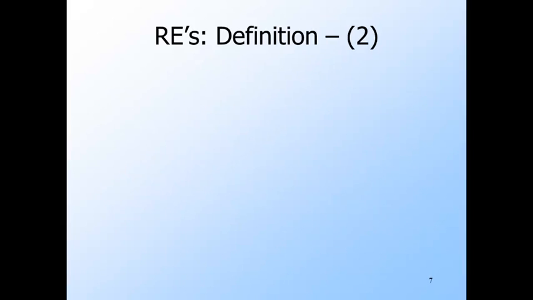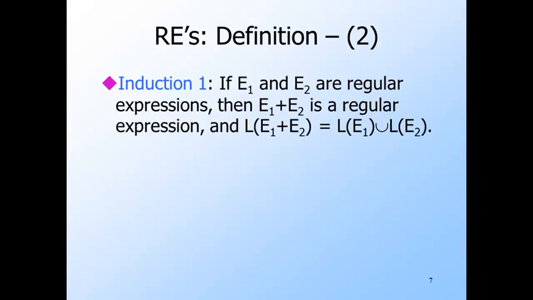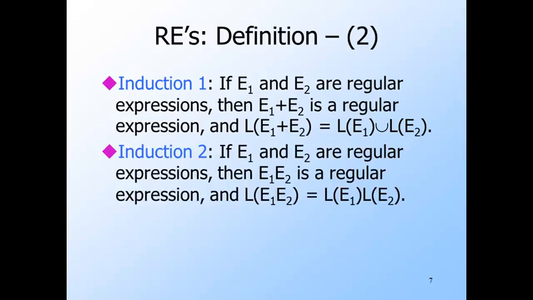The inductive part of the definition also happens to have three parts. For the first part, we can connect any two regular expressions by a plus sign, and this plus sign represents set union. That is, the language of E1 plus E2 is the union of the languages that E1 and E2 denote. The second part involves the concatenation operator.